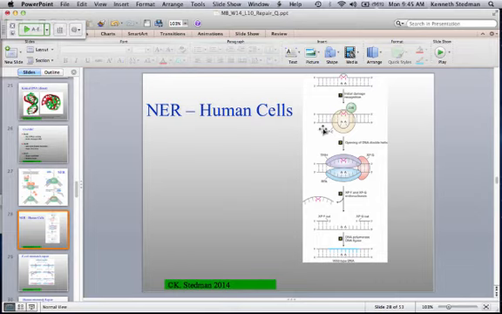The particular ones here are xeroderma pigmentosum proteins, also known as XP. Maybe a little hard to see here, but XPC. Xeroderma pigmentosum patients have a huge rate of skin cancer, and that's because UV irradiation causes these problems. They don't get repaired properly. So, not surprisingly, a lot of these proteins are mutated in those patients.